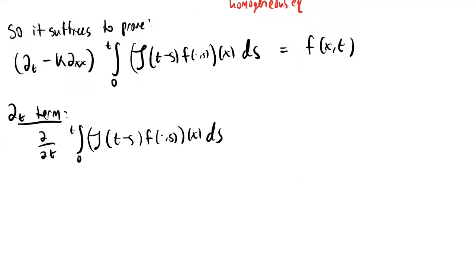This is one of the reasons why I made you suffer with all those problems involving differentiating integrals with variables in the bounds and inside the integral, because these naturally show up when you're studying, for example, the non-homogeneous version of this problem. And so we just use a simple application of the chain rule to find this derivative.